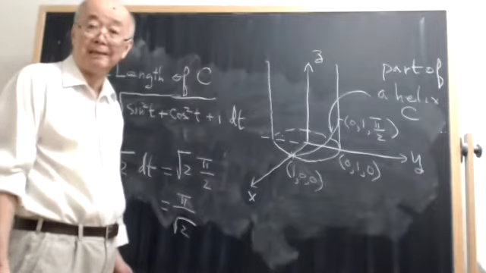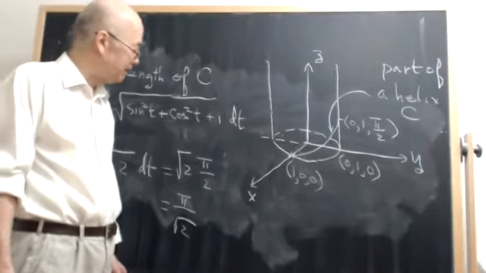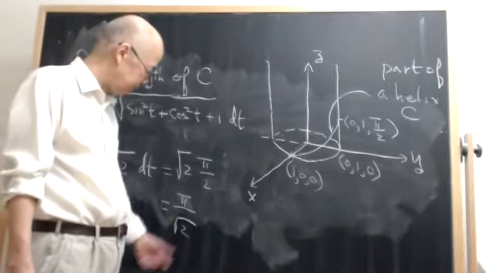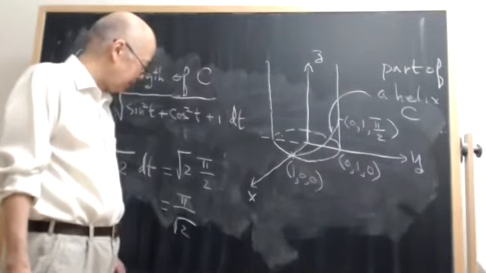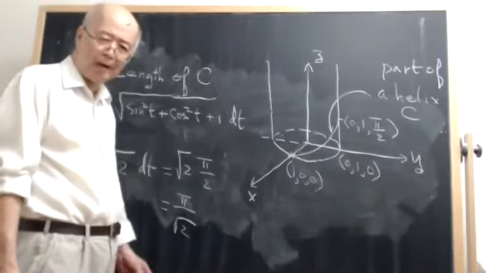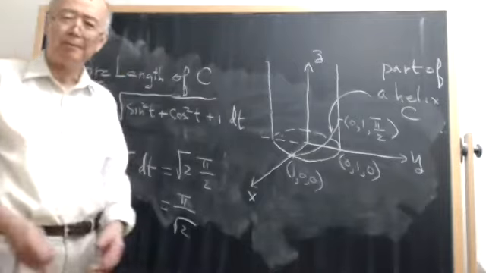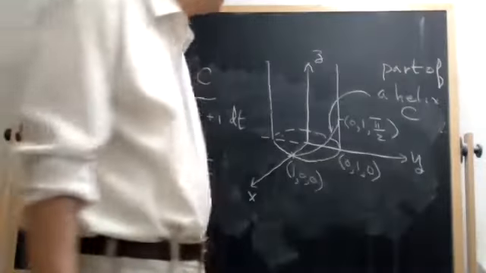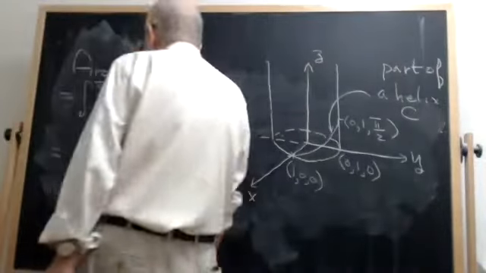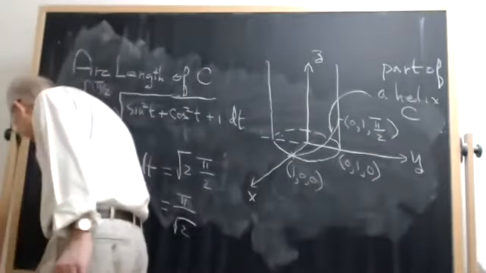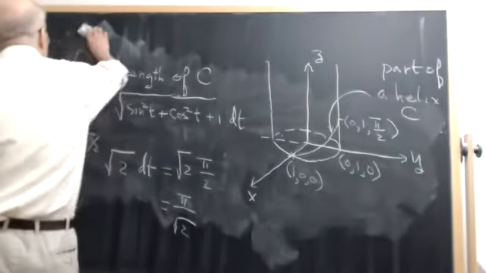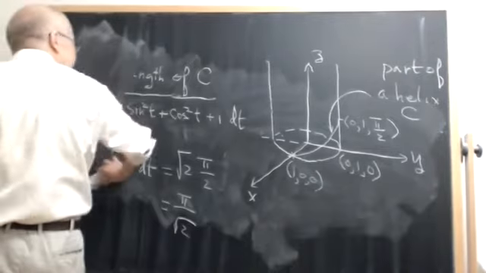Something unexpected. Okay, not a nice number. They are irrational numbers. Okay. All right. So much for arc length.